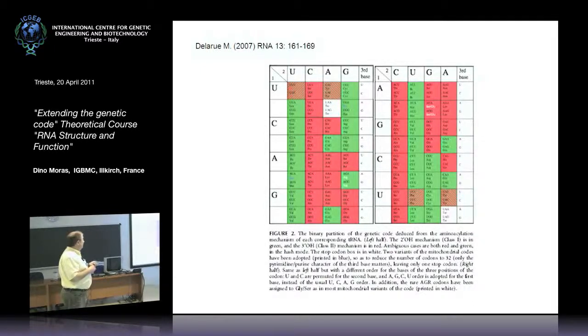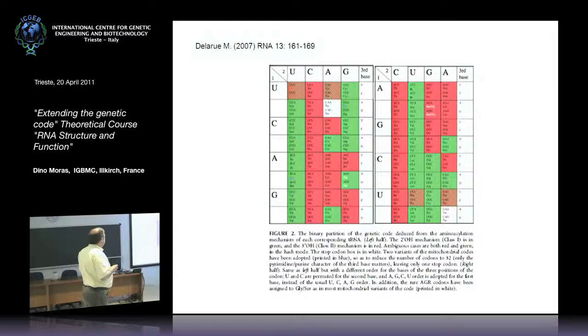Here you have the genetic code distributed with two types of analysis, because we are used to looking at the genetic code with bases 1, 2, and then the distribution, and that's the third base. The color code is based on classes. You have class 1 and class 2, so green and red.